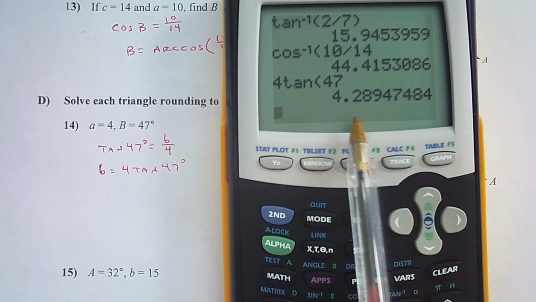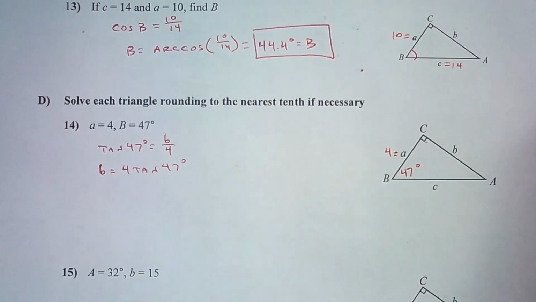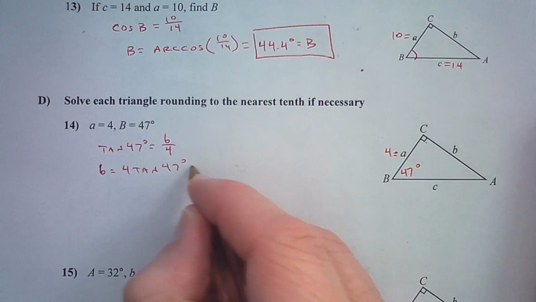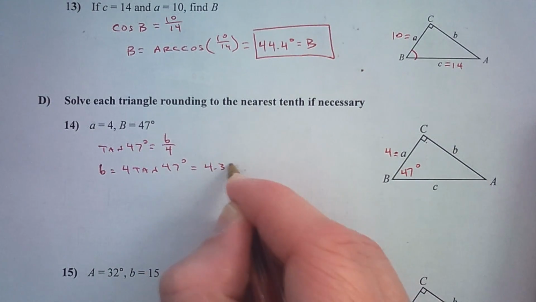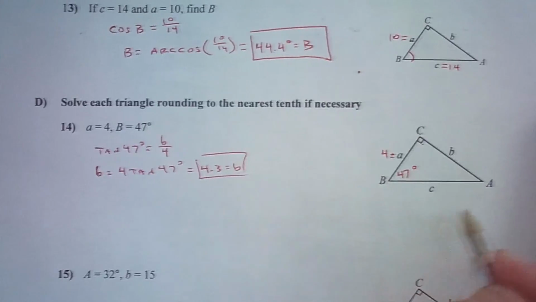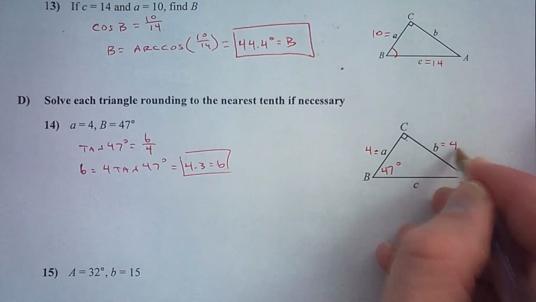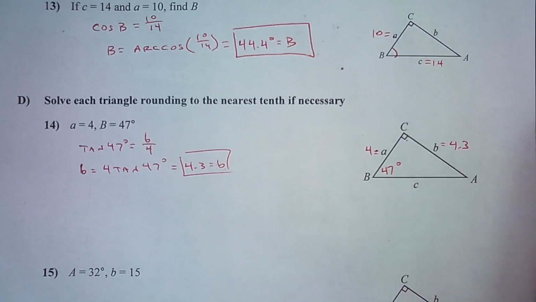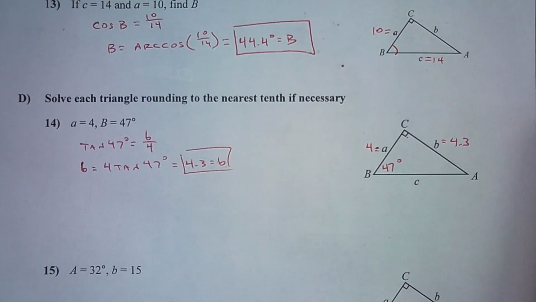And that is 4.3. It says to the nearest tenth, so 4.3 is side b. And I'm not going to need to use that in any further calculations, so it's okay just to round to the nearest tenth now instead of rounding later.